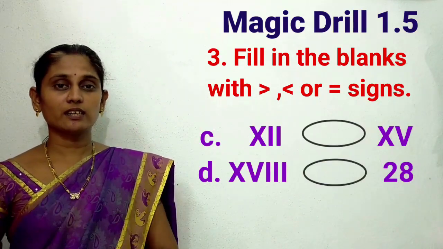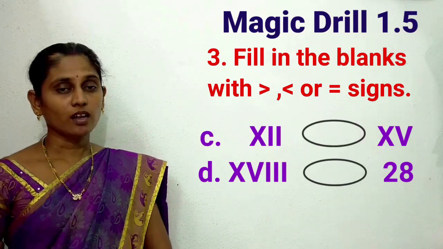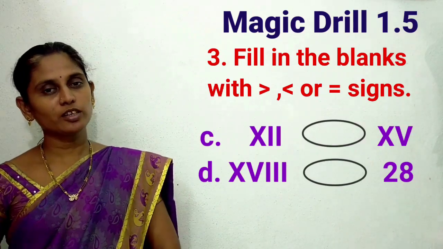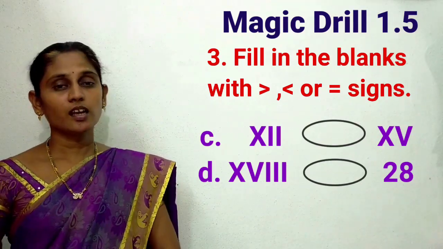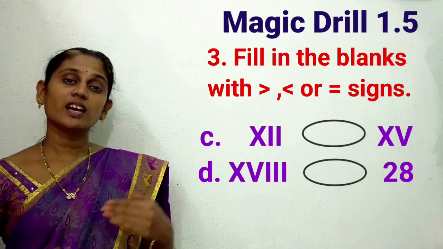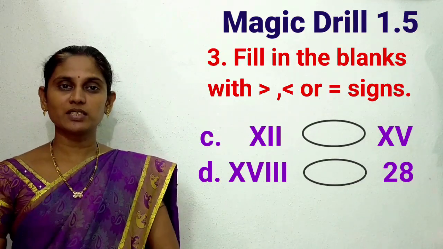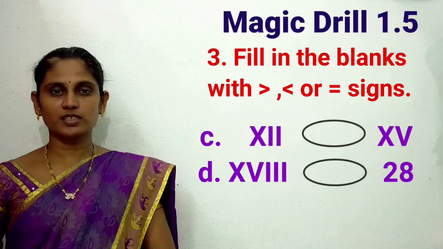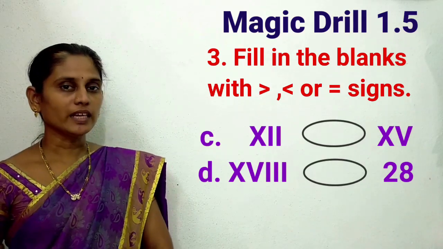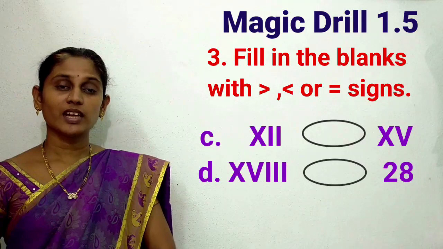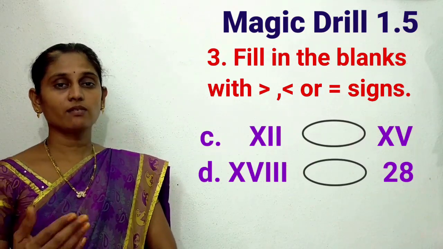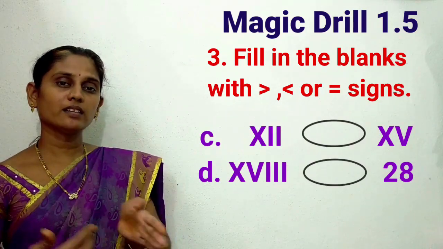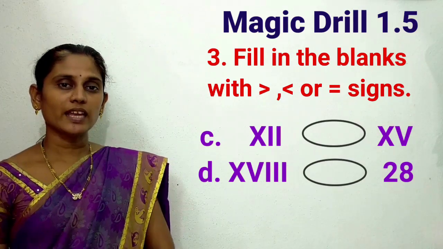In the first and second problems, one was in a Hindu-Arabic numeral and the other in a Roman numeral. Now they have given both side numbers in Roman numerals. Look at the first number, XII, and the other side number, XV. So first write the Hindu-Arabic numerals.